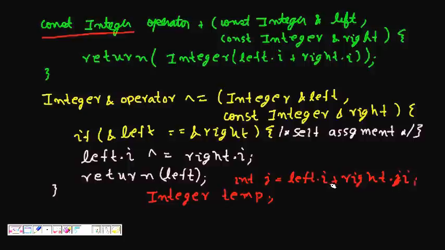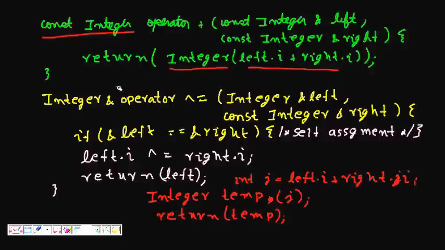I can access this because I'm in the friend function, so I can access the private attributes using the object. I store it in int j. Then I define an integer temp and give it the argument j. This now becomes a temporary object which has the sum of the numbers. Then I can return temp, and the same thing is happening here in one line: I return a temporary integer I am creating, with left.i plus right.i. All these things are done in one line.